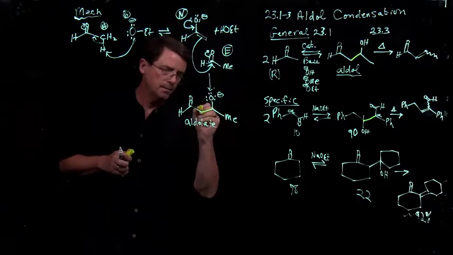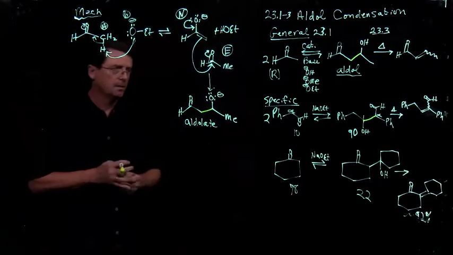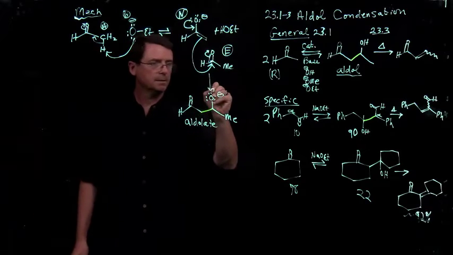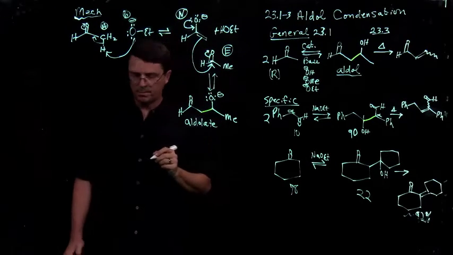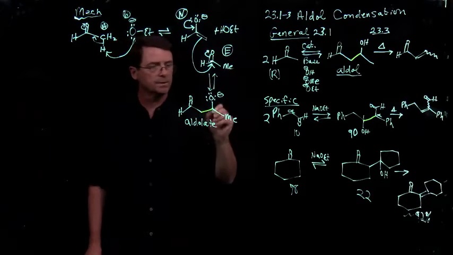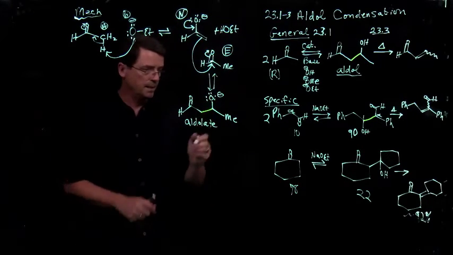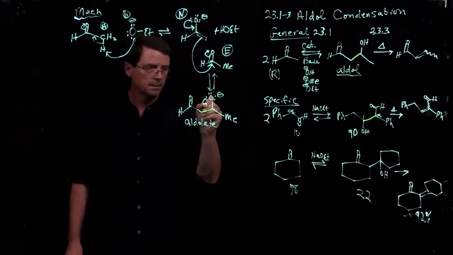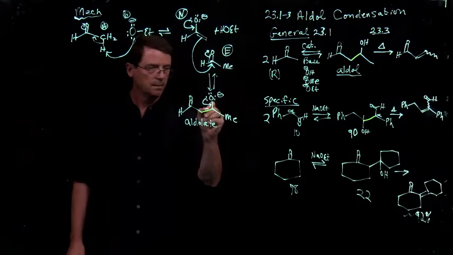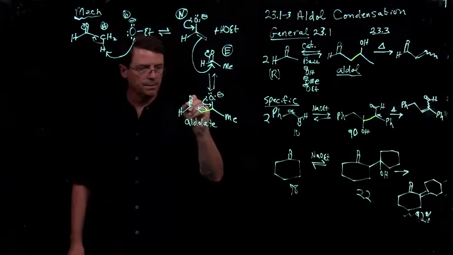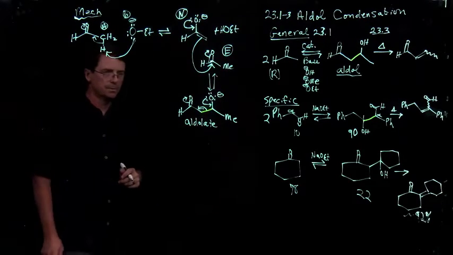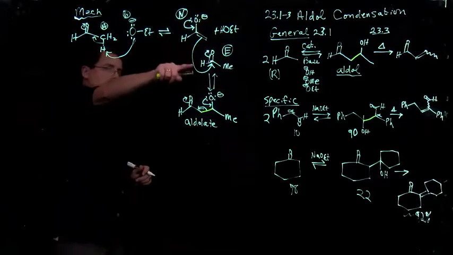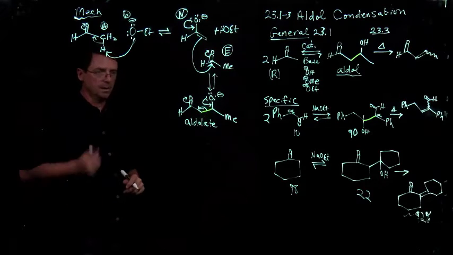Here's the new bond that we made. Now, this is actually reversible. Even though it's a carbon-carbon bond forming, it's reversible. So to reverse that, I just need to push the electrons back to go back to the two molecules and break the carbon-carbon bond.